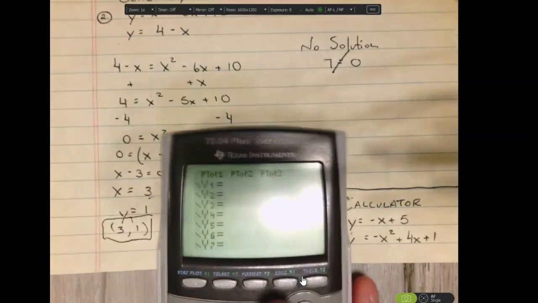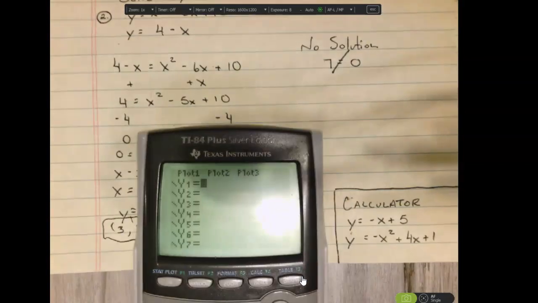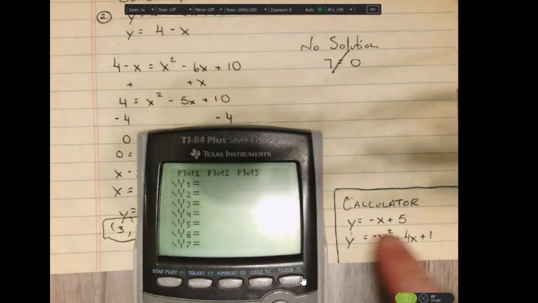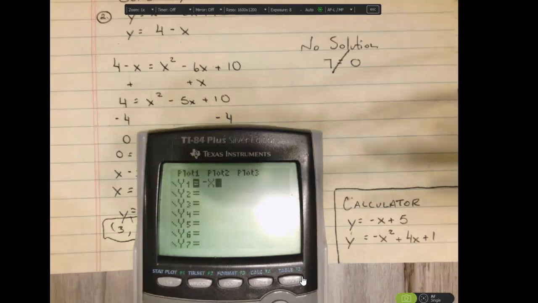So if I go to my calculator, I'm going to go to that y equals screen. I'm going to type in the first y equals that I'm seeing. So negative x plus 5. Next y equals, I'm going to type in the second equation that I have. So negative x squared plus 4x plus 1.